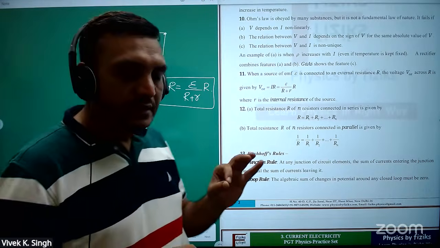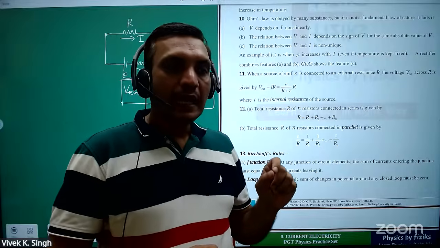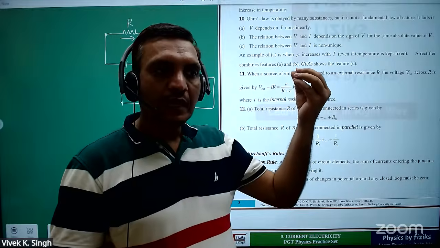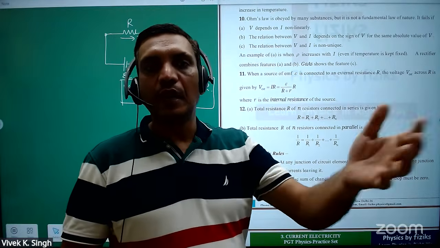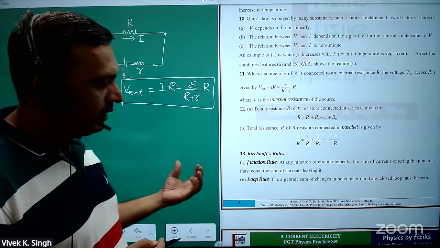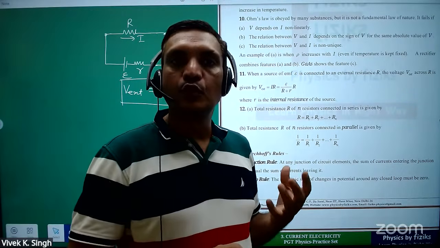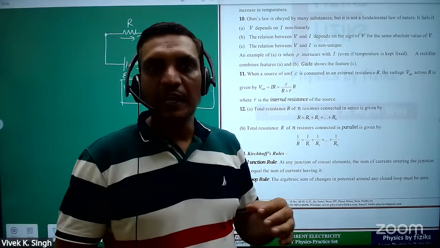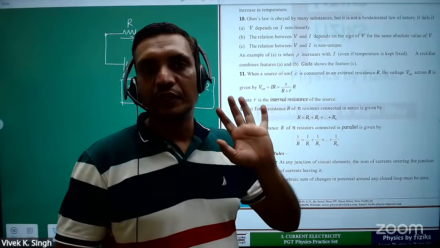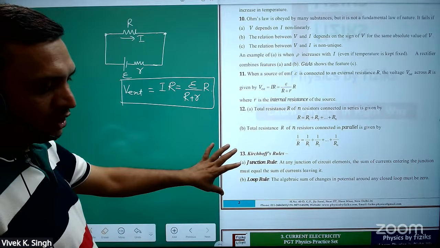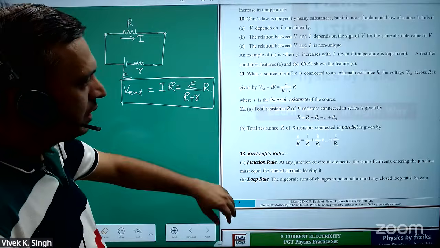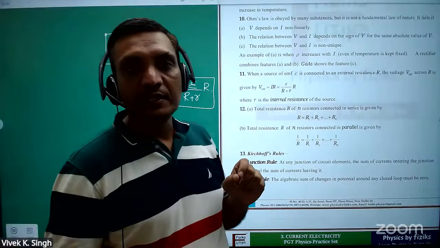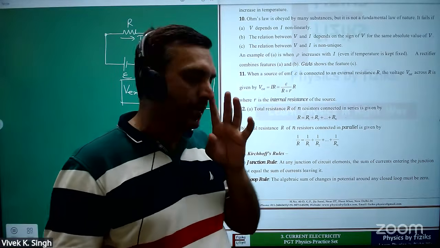Kirchhoff's current law is that at any node, the algebraic sum of current must be 0, or the sum of incoming current is equal to the sum of outgoing current. And KVL is, in any closed loop, the algebraic sum of voltages must be 0. Algebraic sum means you have to consider the sign convention also. So you know about Kirchhoff's rules. A question may be asked on Kirchhoff's rules or equivalent resistance. So these are the different points from which questions may be asked in the PGT exam.